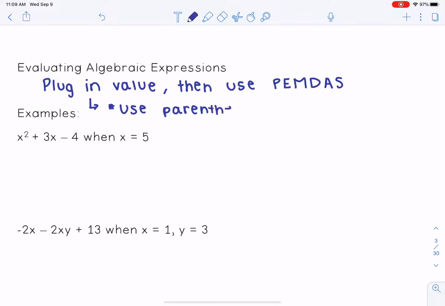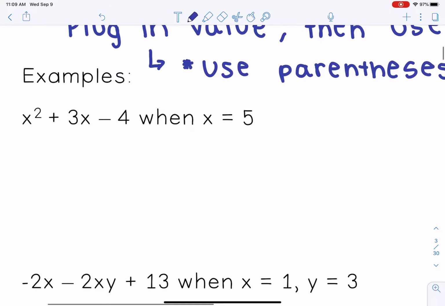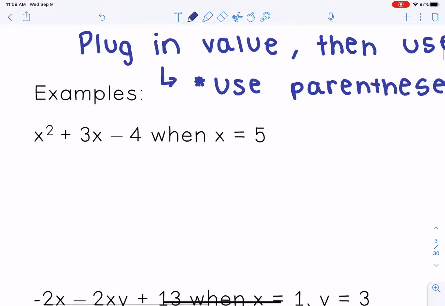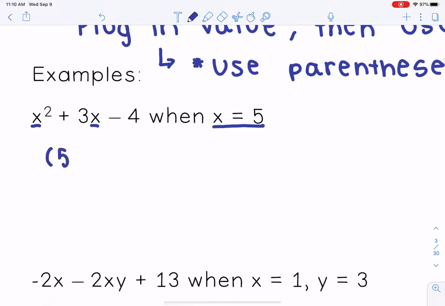So I'll show you what I mean. In this first example, I want to know the value of x squared plus 3x minus 4 when x is equal to 5. So this is what I want to plug in. So anytime I see an x, I'm going to plug in 5. So I'm going to write this as 5 squared plus 3 times 5 minus 4.